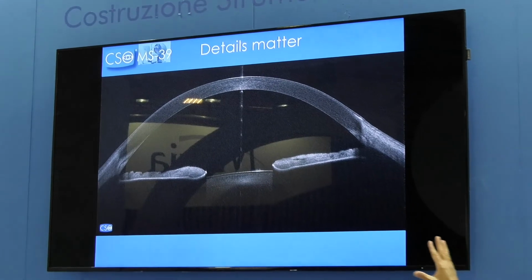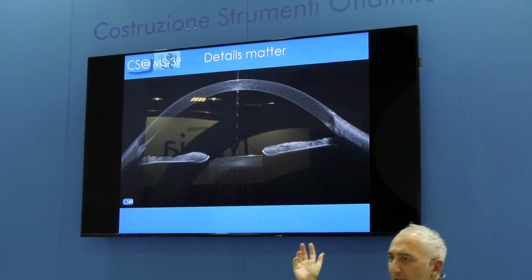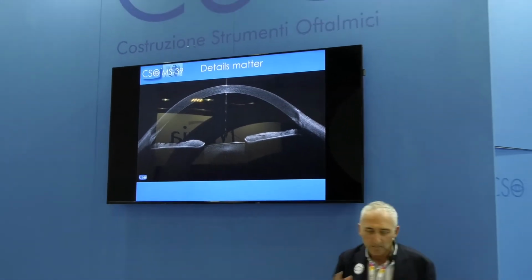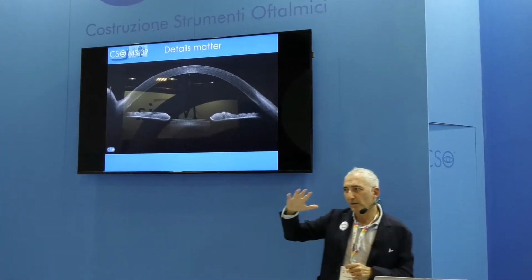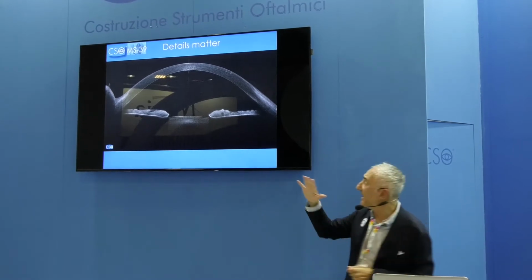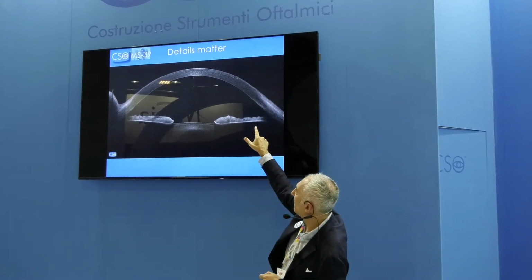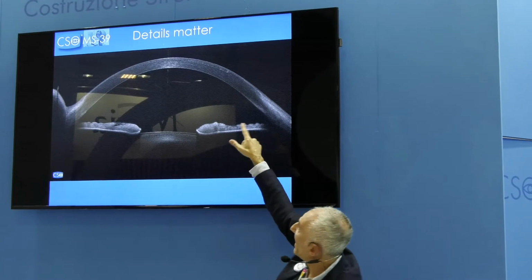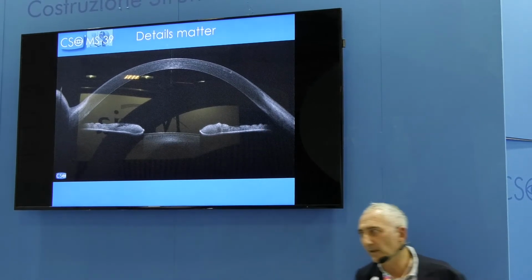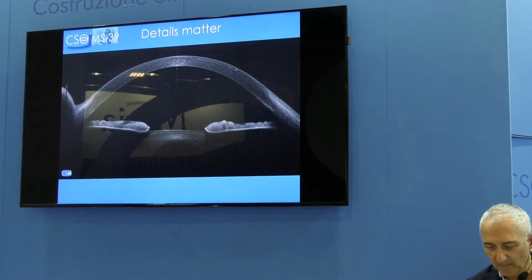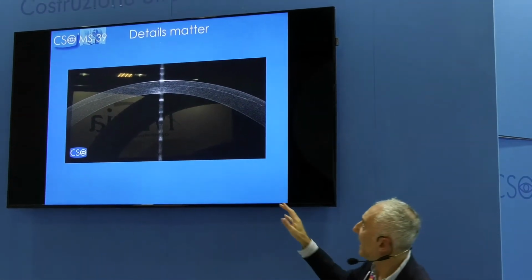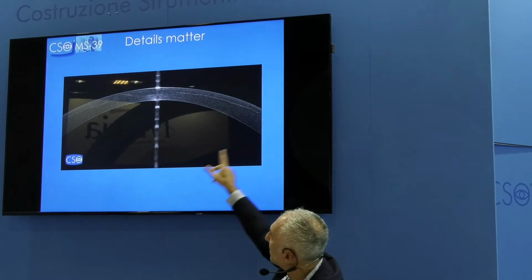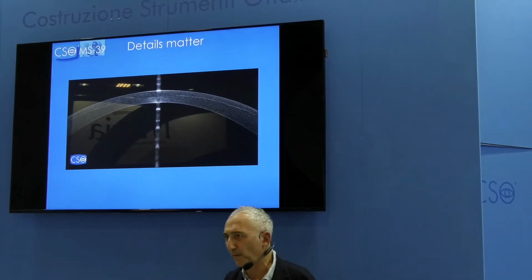Here we cannot see anything. This is a very nice case of a SMILE procedure, but in the same patient, if we rotate the angle of the slit of the OCT scan, we can see the entrance of our pocket. Sometimes after a SMILE, this was shortly after the procedure, the surface is not that perfect.